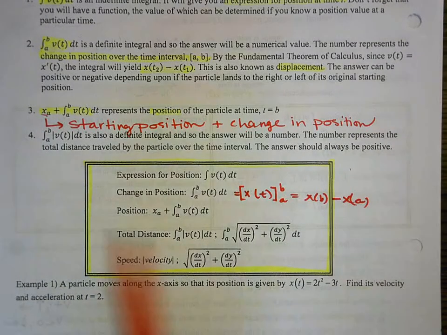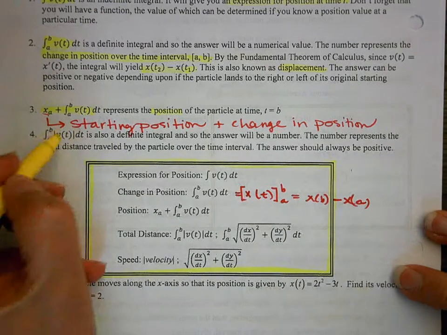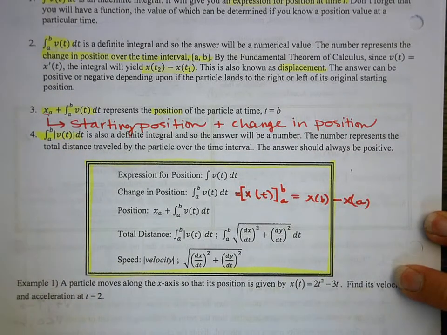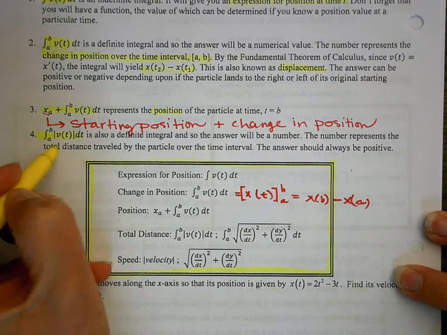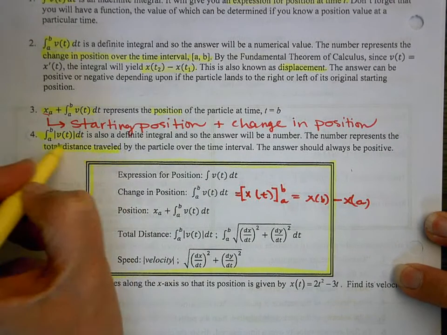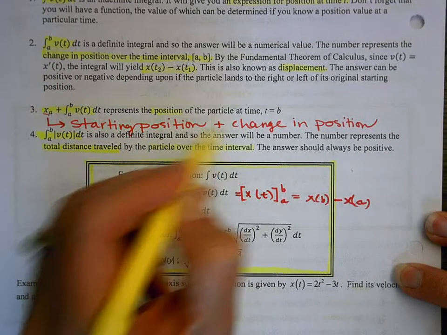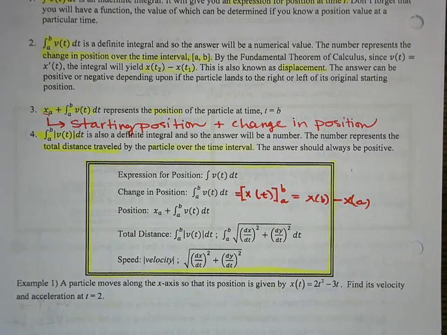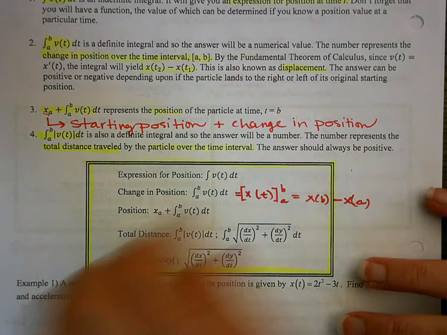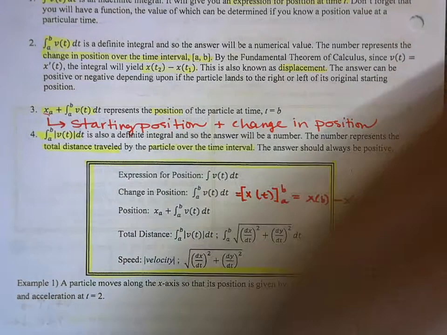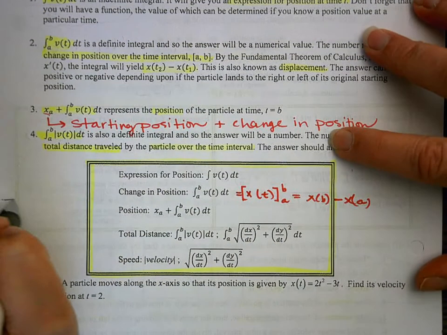Okay, and then finally the last integral is if we were to take that absolute value. So that absolute value of velocity from A to B, that is your total distance traveled over that time interval, right? So total distance traveled over that time interval. So that would be something like in a situation, let's say I'm just going to be on a number line here, horizontal.